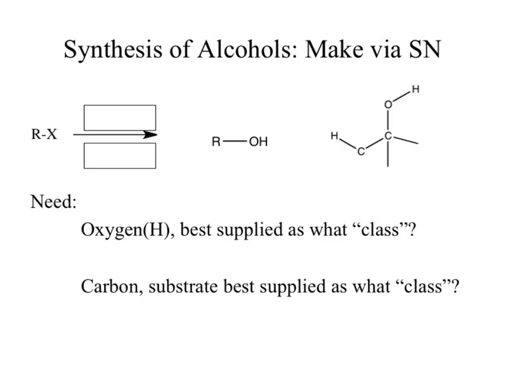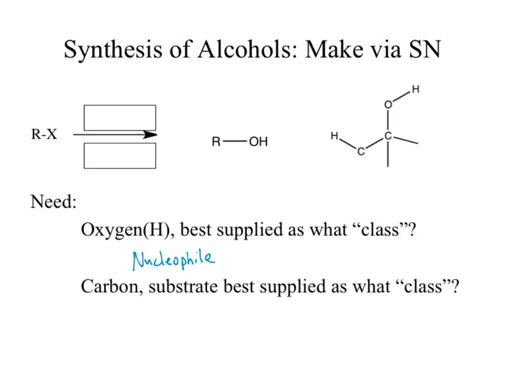Now the question is, how do we supply the oxygen? This is where it gets tricky. We said it needs to be supplied as a nucleophile. Do we say anything about strong or weak nucleophiles? No. So it could be a strong nucleophile, it could be a weak nucleophile.